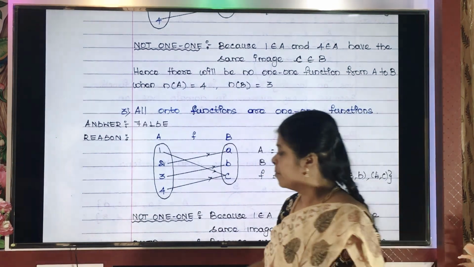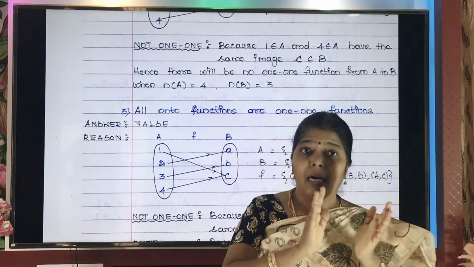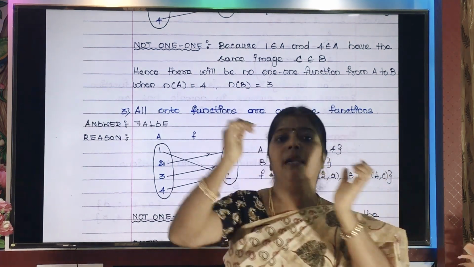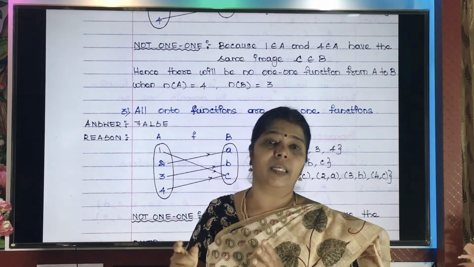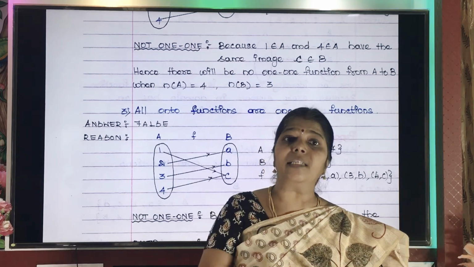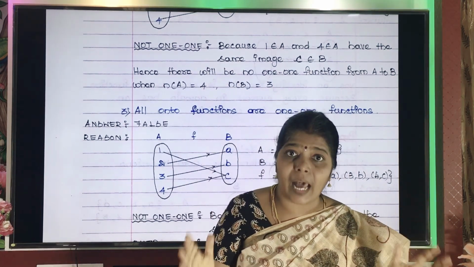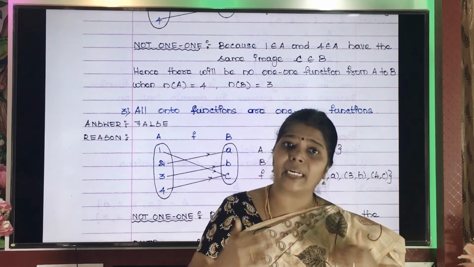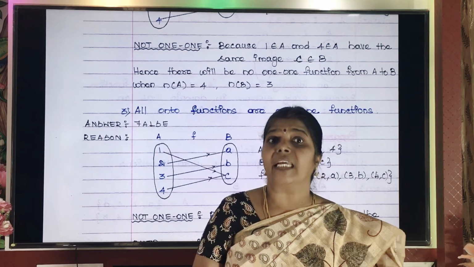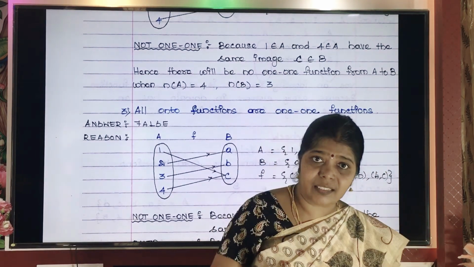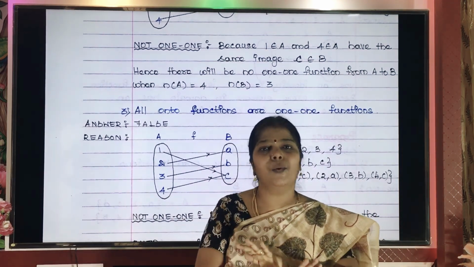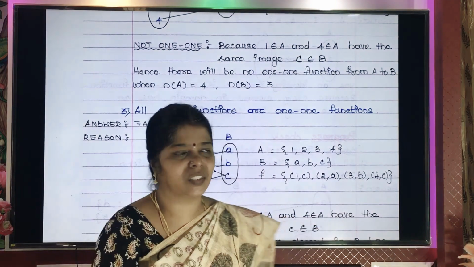See children, what I am trying to tell is, the cardinal number of set A should be less than the cardinal number of set B. In that situation, you can have 1 to 1. Otherwise, if both the sets have the same cardinal number, that time also there is a possibility of getting a one-to-one function. But if the cardinal number of the first set is bigger than the cardinal number of the second set, you cannot get a one-to-one function.